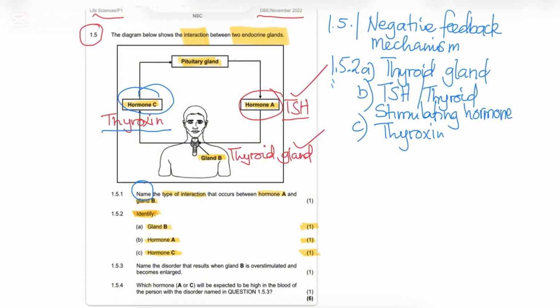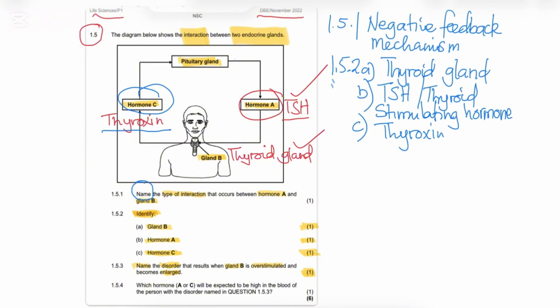So the question is asking us for the disorder. We are just naming, we are not describing anything. And this is worth 1 mark.